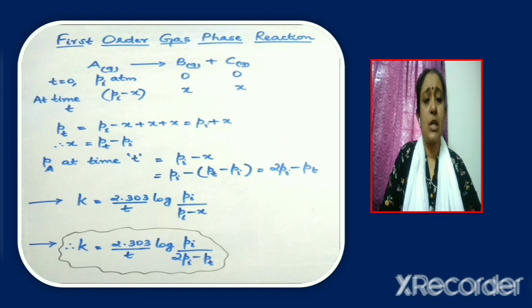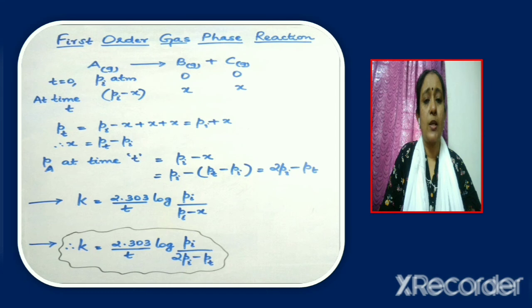At time t is equal to 0, let Pi be the pressure of the reactant A, Pi atmosphere. Initially the products are not formed, therefore the pressure of both B and C will be equal to 0. Now at time t, the pressure of A becomes Pi minus X and the pressure of the product B will be X and that of C will also be equal to X.